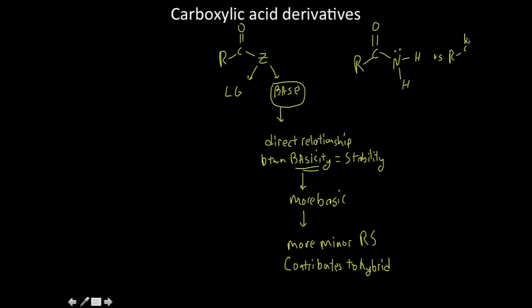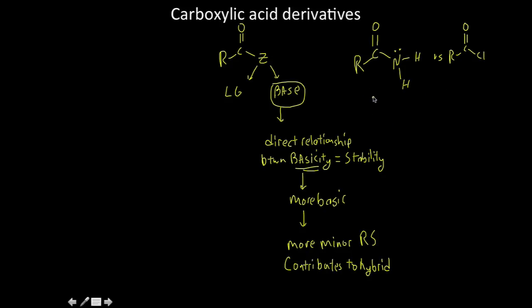Which one of these is more basic on its own? What I mean by that is, taken to the extreme, the ionized form. Obviously NH2 is a stronger base than chlorine, an exponentially stronger base. So which one of these molecules is more stable? The amide is going to be more stable than your acid chloride.